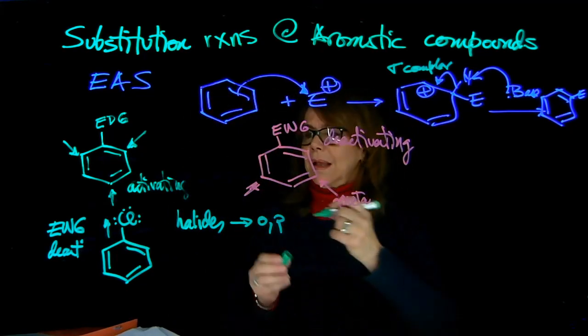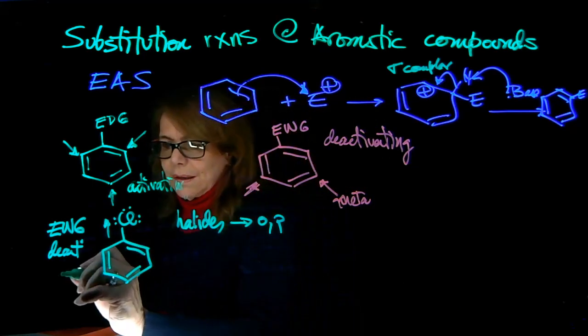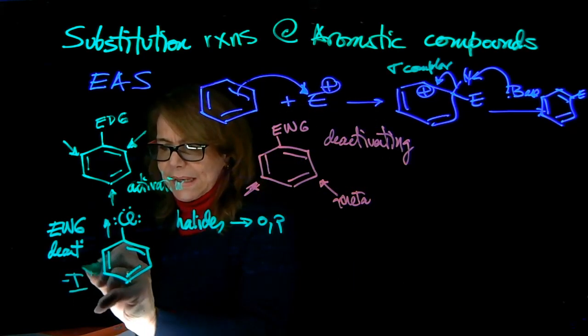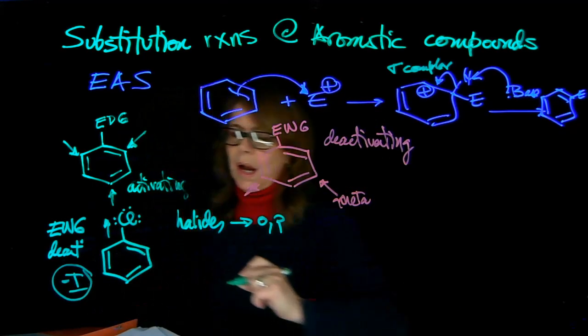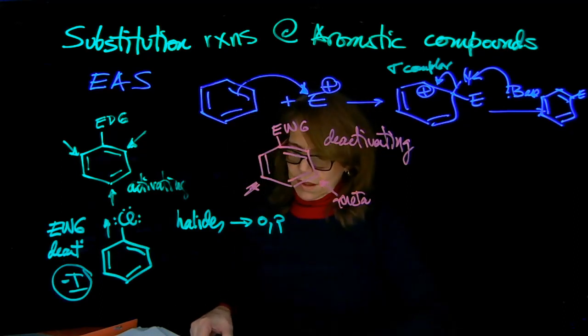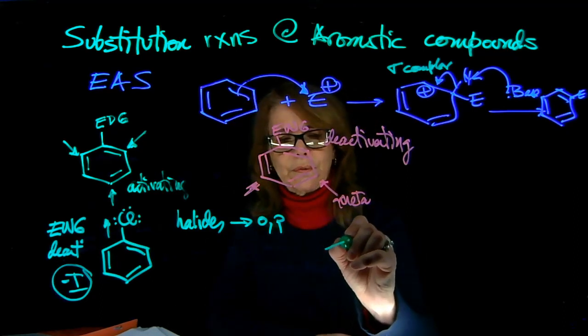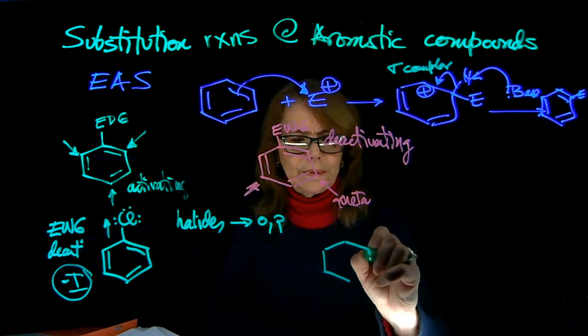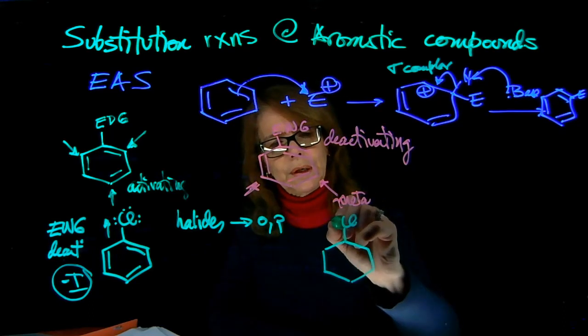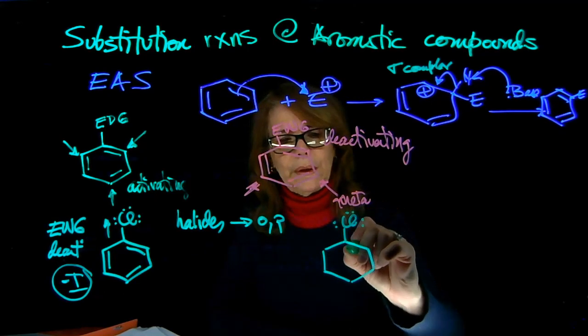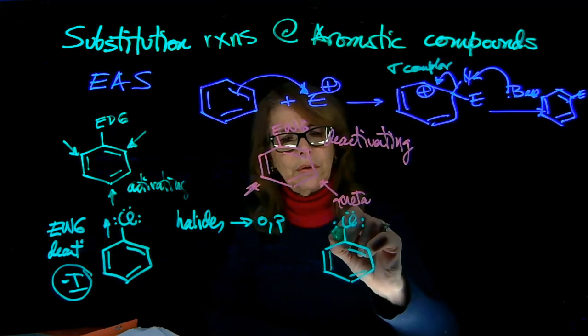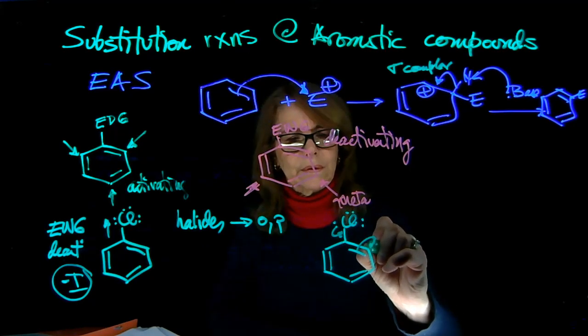And how is that? We have that electron withdrawing effect that makes it deactivating. Now, if we do resonance structures for chlorobenzene, if you have chlorine here, with its lone pairs, you can draw a resonance structure like this.